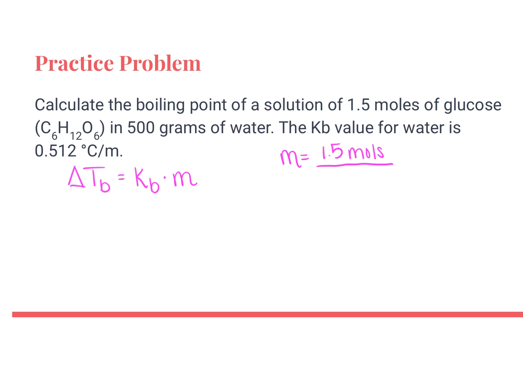Remember, you have to convert your 500 grams to kilograms, so it becomes 0.500 kilograms. What's 1.5 divided by 0.5? 3. I'm going to write 3.0 to keep it sig fig friendly, and we'll say little m for molality.